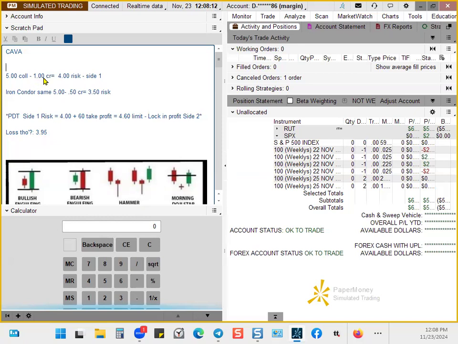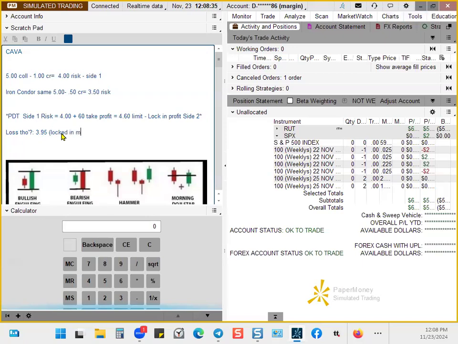So let's say on side one you received $100, and then on side two you're getting ready to lock it in and it's $395. You subtract: 395 minus 100 is 295. So this is the amount that you're locking in the loss for, 295. Does that make sense?